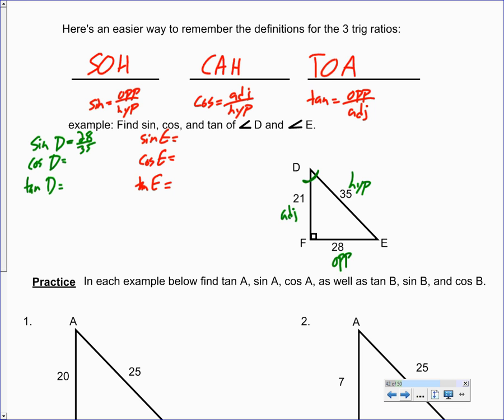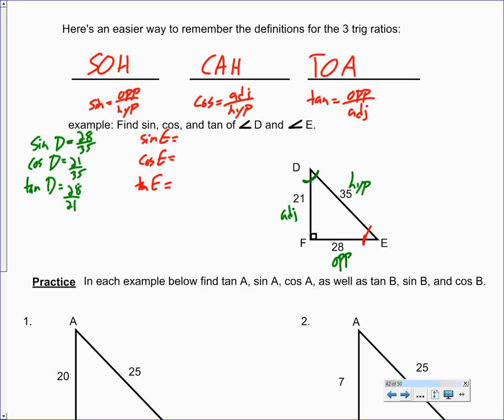Cosine is adjacent over hypotenuse, that's 21 over 35. And tangent is opposite over adjacent, that's 28 over 21. So once we label the sides, it's just putting them in the right part of the fraction.